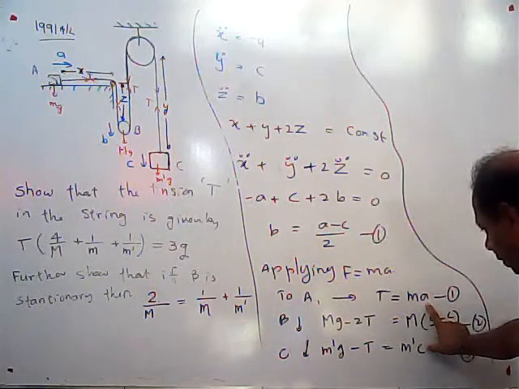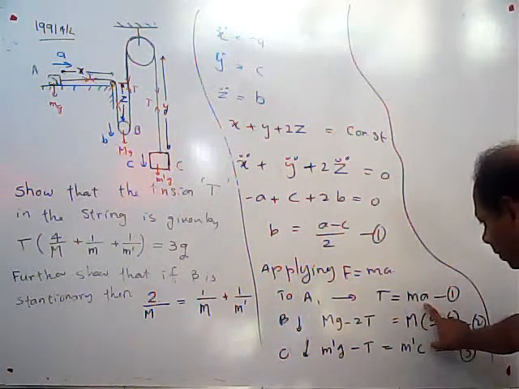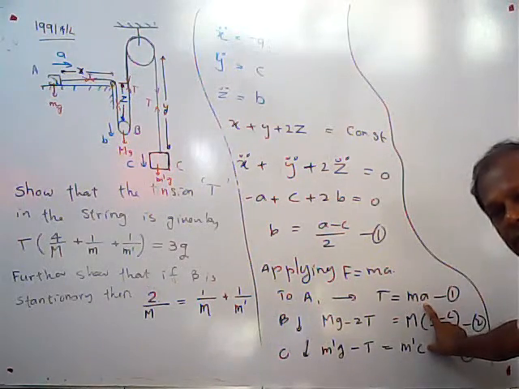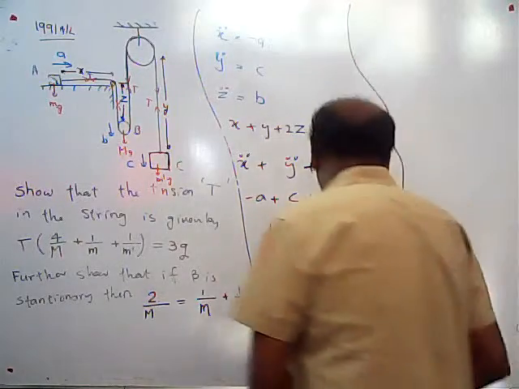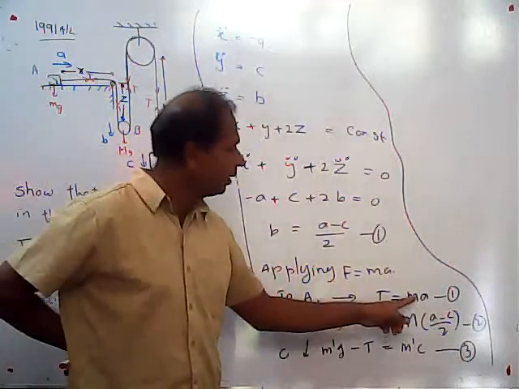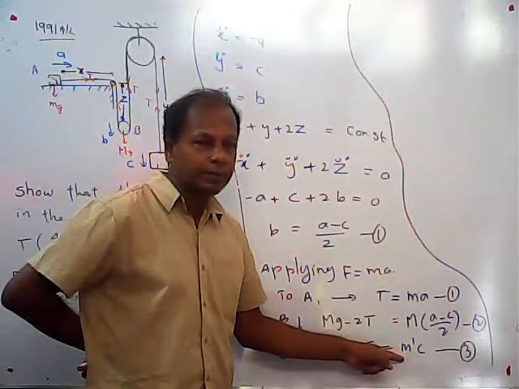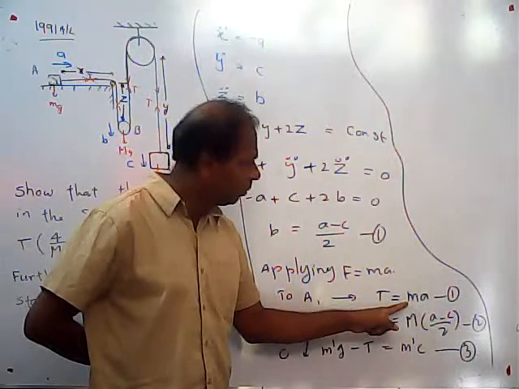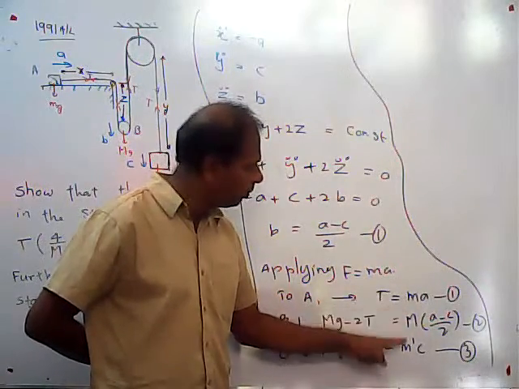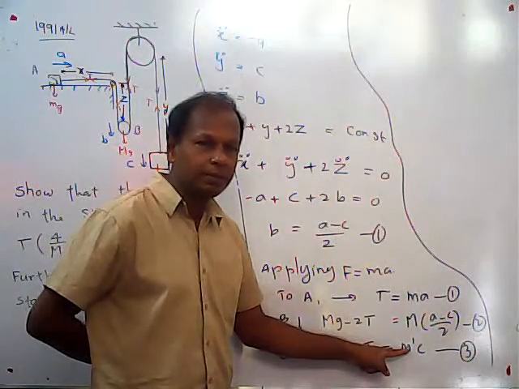The best thing to do, we again create a minus c, or maybe a minus c over 2, from these two equations. What do you do to get a minus c? You can multiply this by m dash, this by m, and subtract.